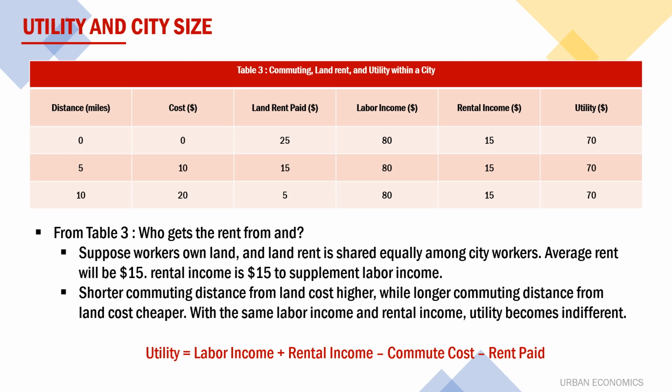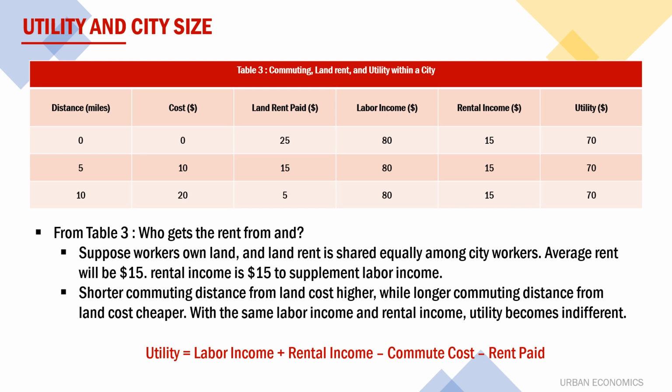So for the average worker 5 miles from the city center, the land rent paid equals the rental income received. For the worker living at the center, the rent paid exceeds the rental income, while the opposite is true for the workers living 10 miles from the city center.